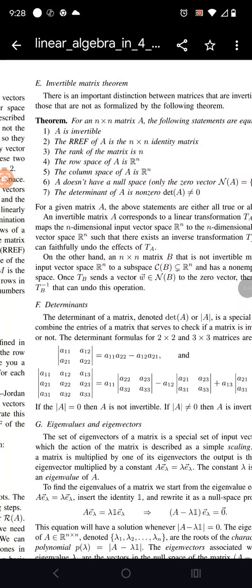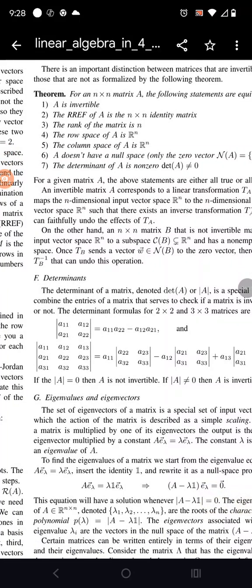For example, for a 2 by 2, it is easy: A11 times A22 minus A12 times A21. For 3 by 3, we have A11 multiplied by something. What is that something? That is the submatrix which does not contain anything from the row of A11 or from the same column of A11. So it will be excluding A12, A13 or A21, A31.